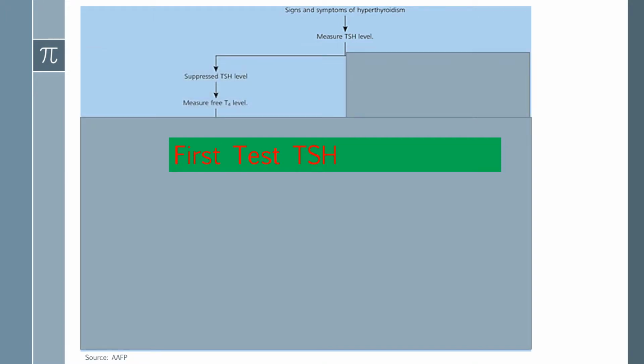So somebody comes in with signs and symptoms of hyperthyroidism, the first test you do is you take a TSH. That was the same thing in a nodule, right? You want to make sure if they're actually having hyperthyroidism versus if they're just taking too much of other medications. So the first test you'll do is a TSH. Now, if your TSH is suppressed, you want to measure your T4 level, right?